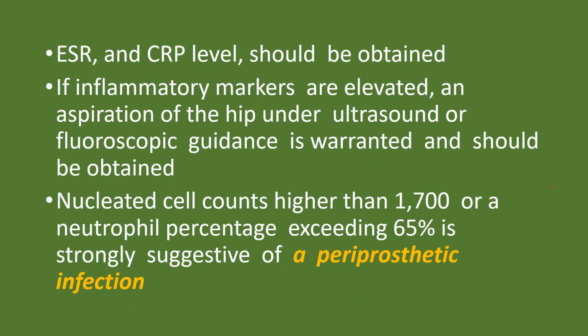If inflammatory markers are elevated, aspiration of the hip under ultrasound or fluoroscopic guidance is warranted and should be obtained. Nucleated cell counts higher than 1,700 or a neutrophil percentage exceeding 65% is strongly suggestive of a periprosthetic infection.